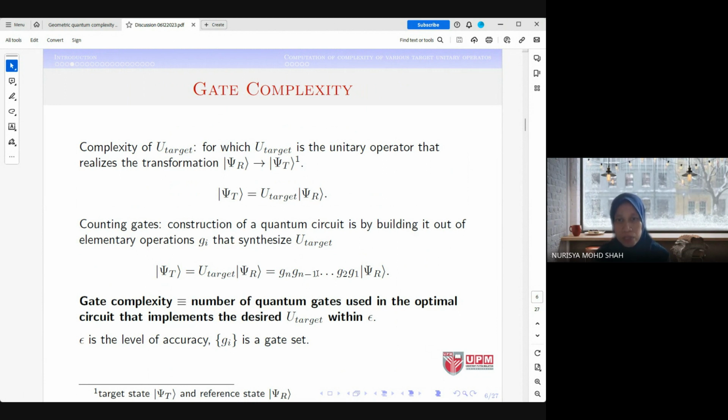So you can have successive unitary operators acting on the reference state. So gate complexity is defined as the number of quantum gates used in the optimal circuit that implements the desired target unitary within some level of accuracy.